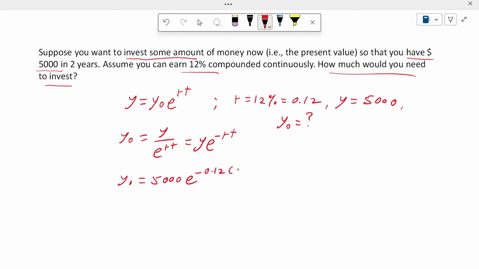After 2 years we will get this amount, 5,000. So how much do we need to invest? You need to invest 3,933.14. This is the amount of money you need to invest if you want to get 5,000 in 2 years with 12% compound interest.